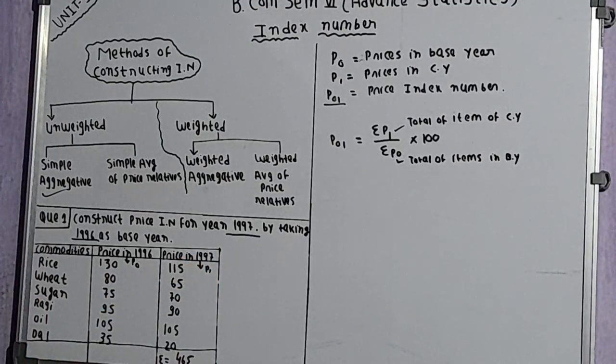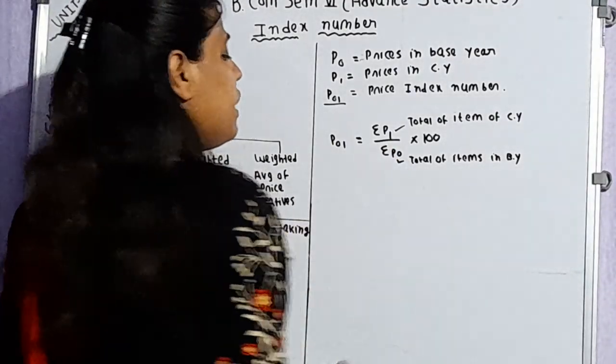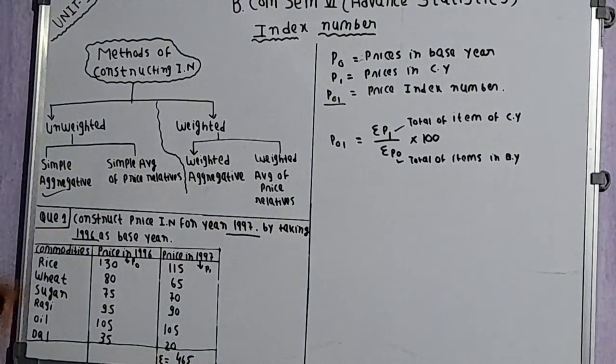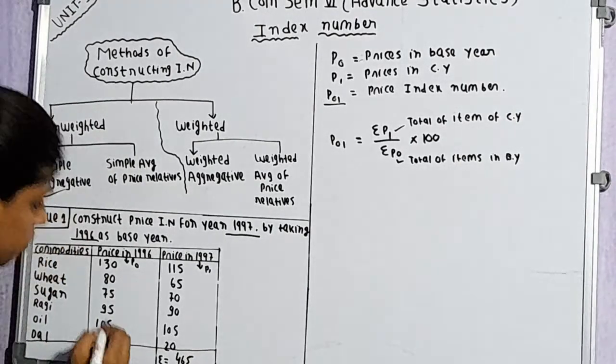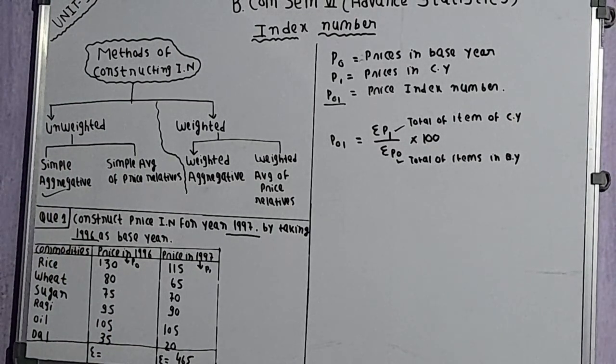After that, we will need summation P0, the total of prices of different items in the base year. Let's do it for the base year. Summation P0: rice 130, wheat 80, sugar 75, ragi 95, oil 105 and dal 35.